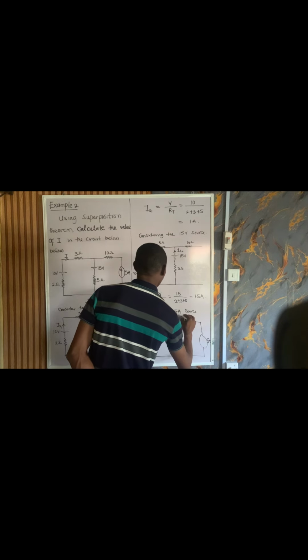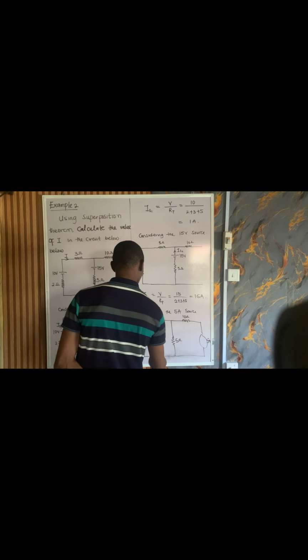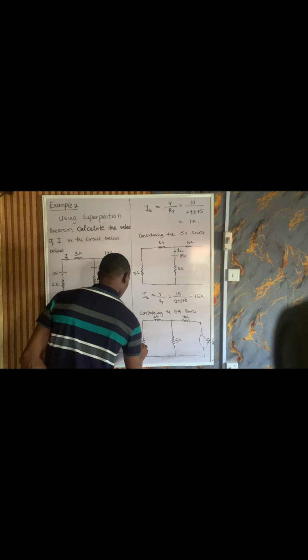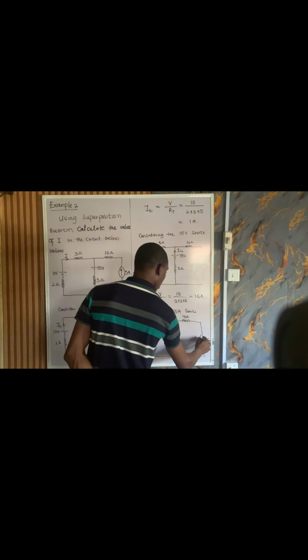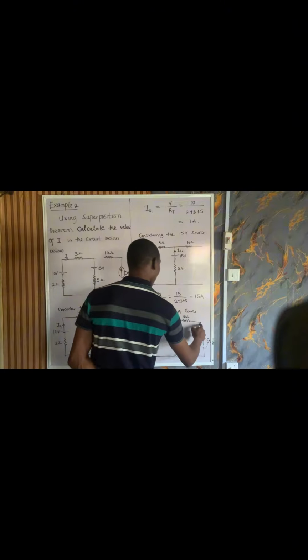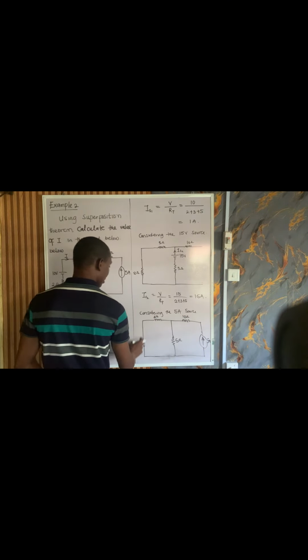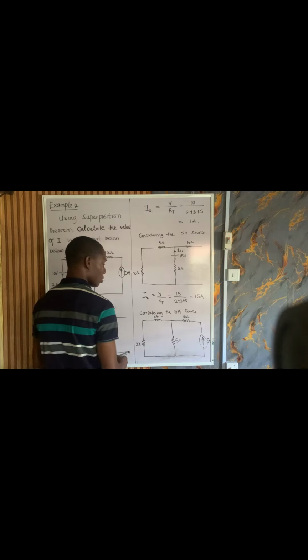So this is 10 ohm, 5 ohms, 3 ohms, 2 ohms. We want to see if the 5 ampere gets here and then splits: the 5 ohm in parallel with the 3 and 2 ohms.